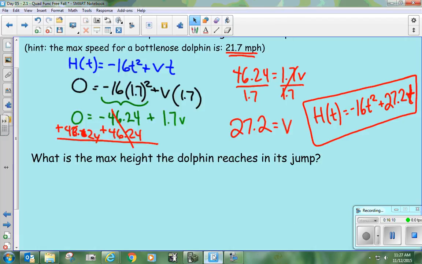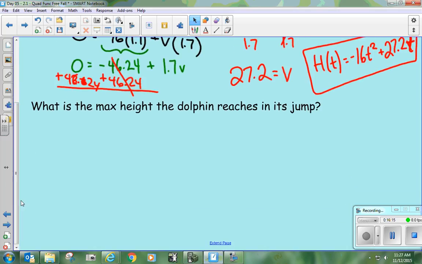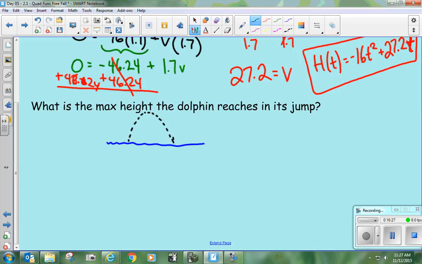So, how can we find out the max height that dolphin just jumped? If I have my water, the dolphin jumped out and came back in. And what was it, 1.7 seconds? Here's at 0 seconds.